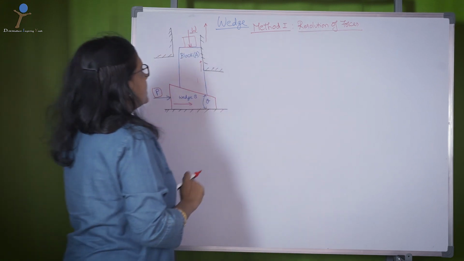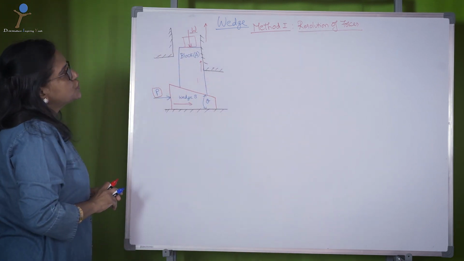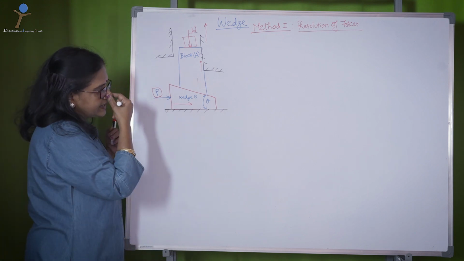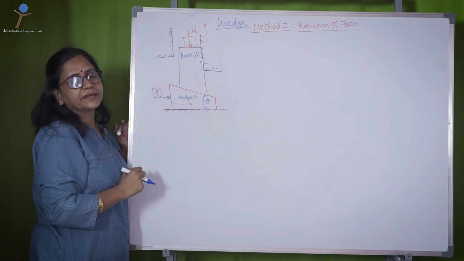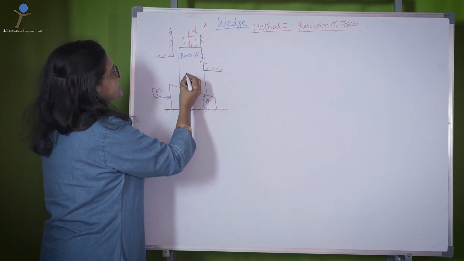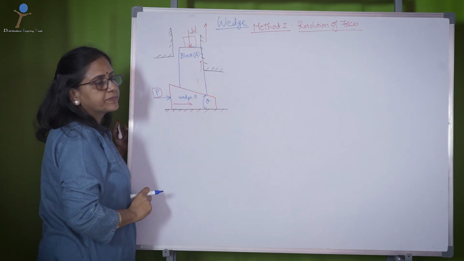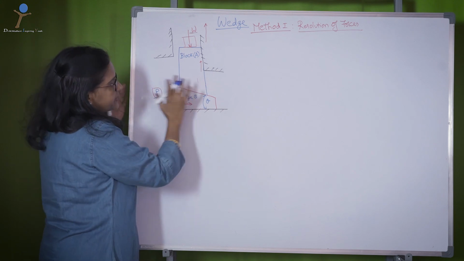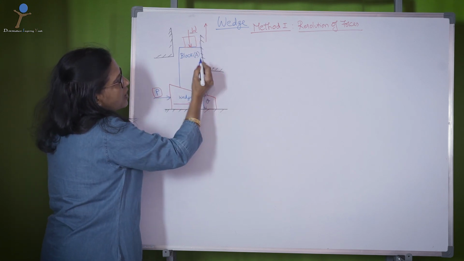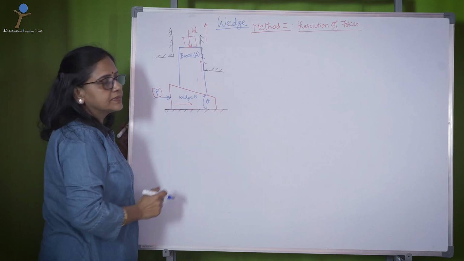Now, to know this, we should first understand what are the forces that are acting on the body. First let us take block A. The block A in this particular system is in contact with the vertical wall or vertical surface.